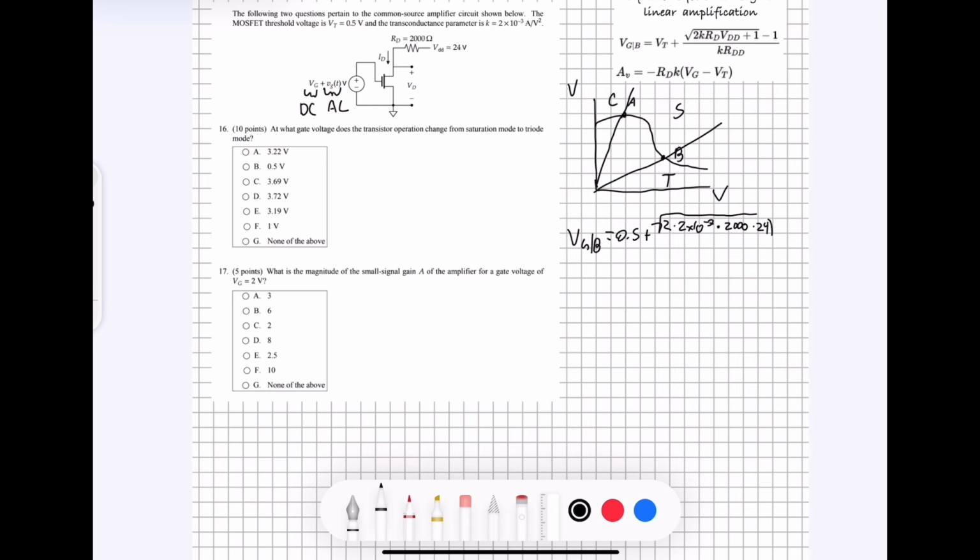All of that right there is going to be plus 1 inside of the square root, and then we're going to have a minus 1 outside of the square root.